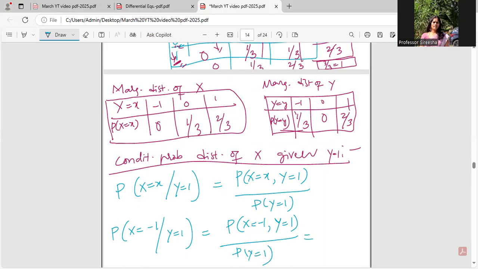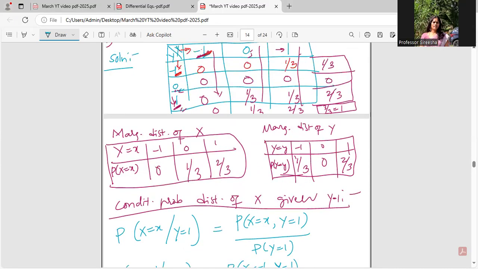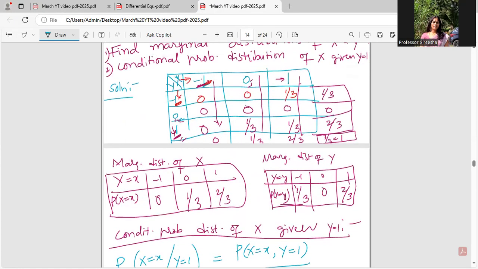P of X equal to -1 and Y equal to 1, what will that be?